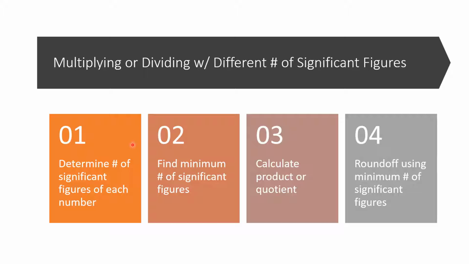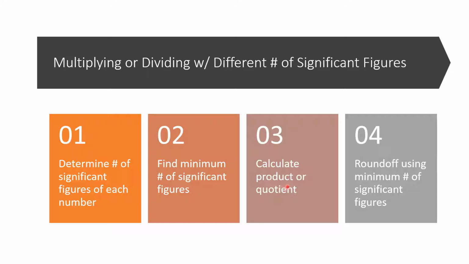You look at each of the numbers you're going to be multiplying or dividing, and then you find the minimum number. So if one has 4, another has 3, another has 2, then you're going to choose 2 as that minimum number of significant figures.